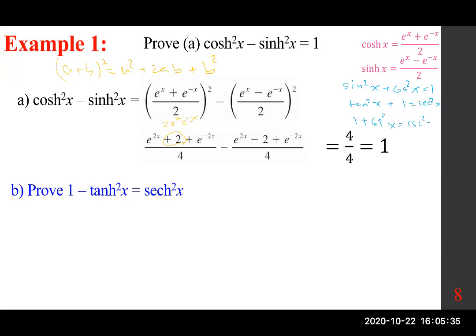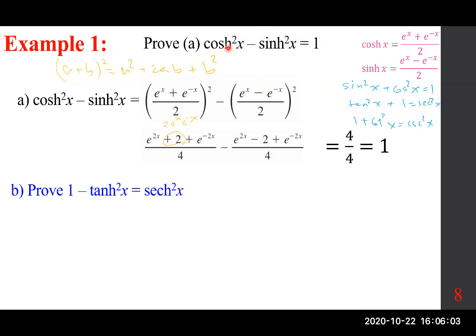So what did we do? We had this. When we divided both sides by cosine squared, we proved this one. When we divided both sides by sine squared, we proved the next one. So we do exactly the same thing here. What is this one? We don't know. We already have the first one, right? This is the Pythagorean identities that we have for trigonometry, and this one we just proved.